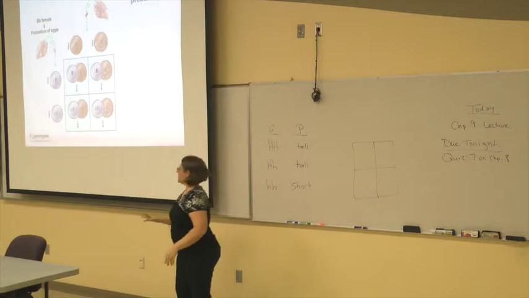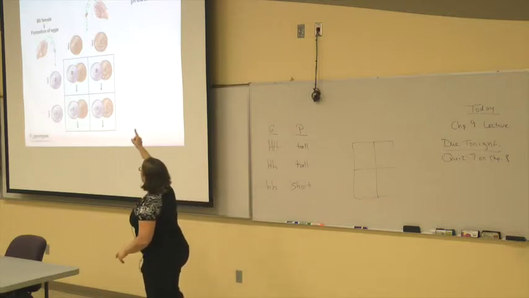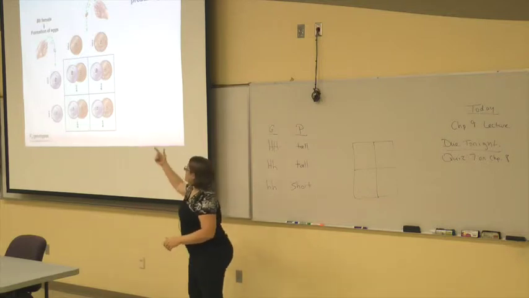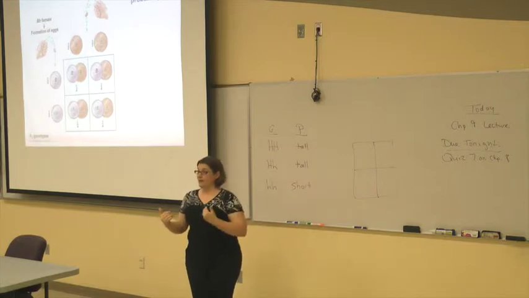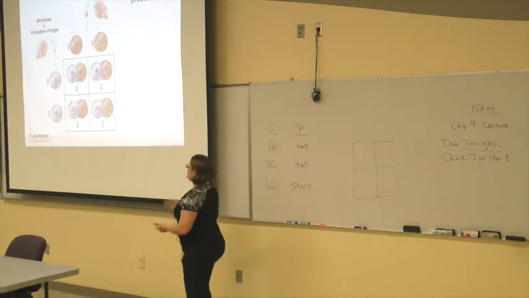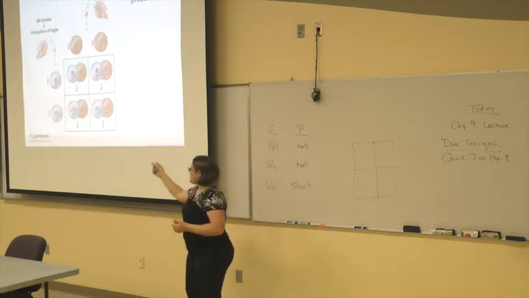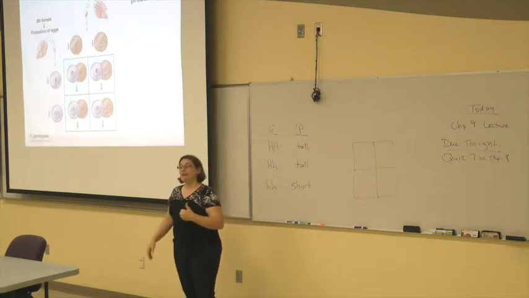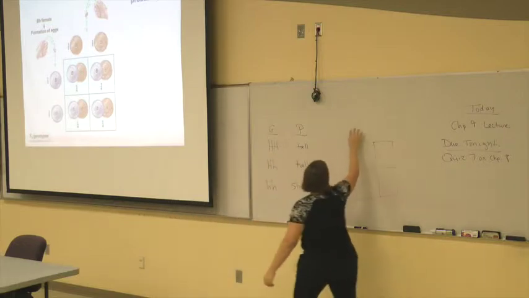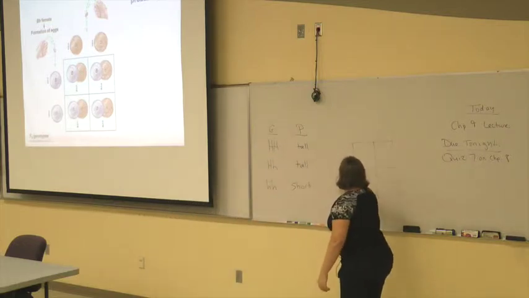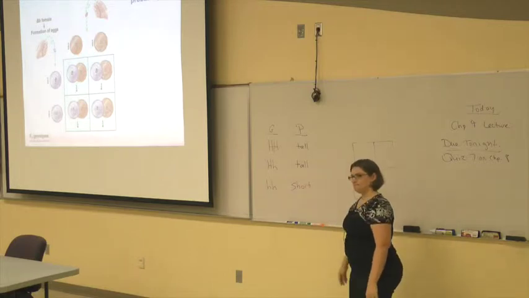Okay, that's why. So 50% big B, 50% little b. Female, in this case, she has the same exact genotype for that trait, big B, little b. So when she makes eggs, 50% of her eggs carry the big B, 50% of the eggs carry the little b. Okay, so that's how you set it up. Okay, you can put your male's gametes here, your female's gametes here. All right?